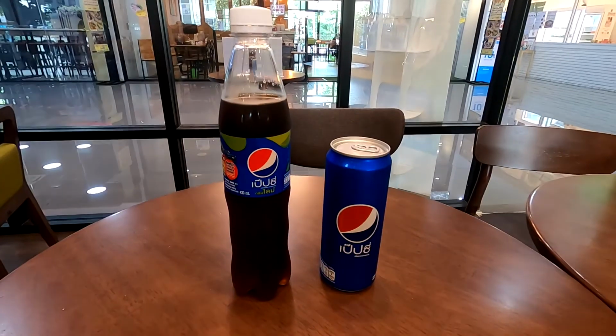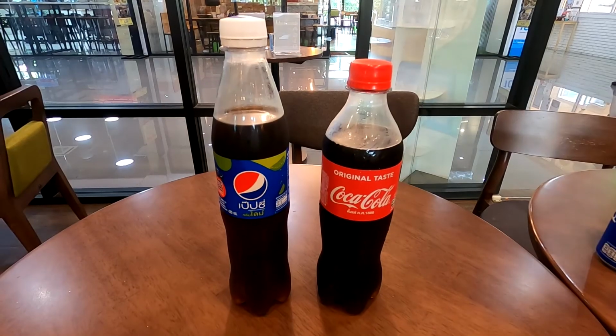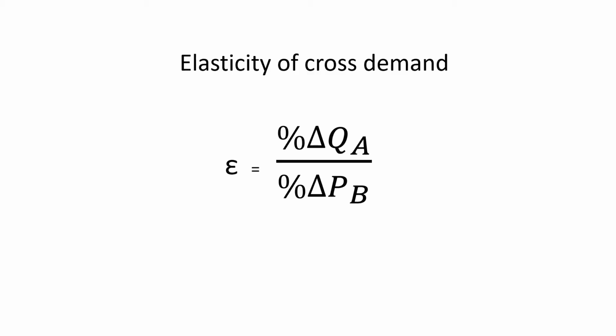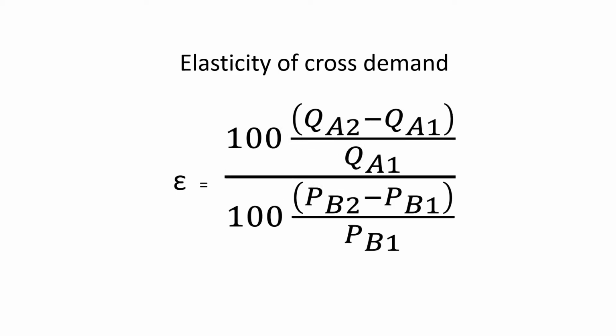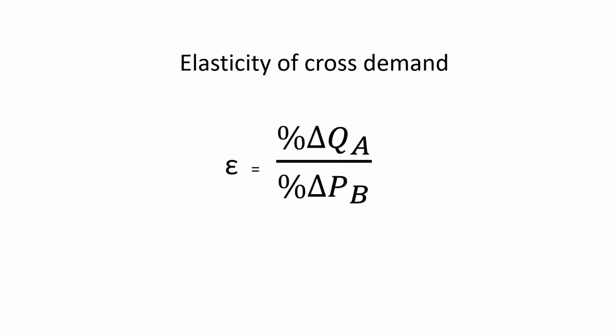You may like the slogan of Pepsi more than Coca-Cola or vice versa. We will do an experiment to find the degree of similarity between pairs of them and calculate the elasticity of cross demand using our formula.